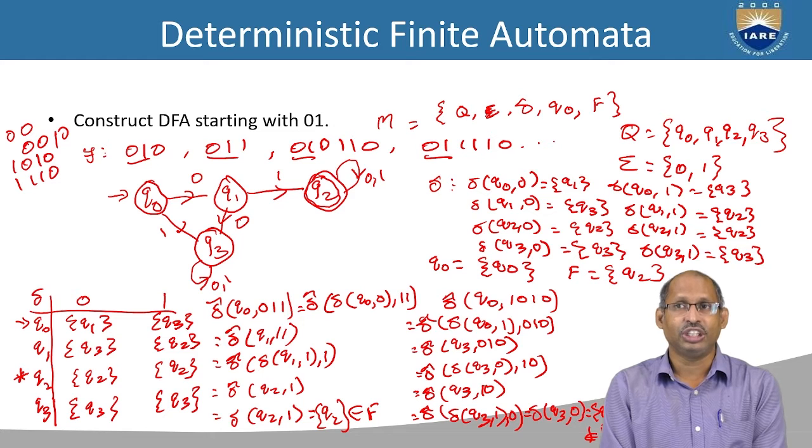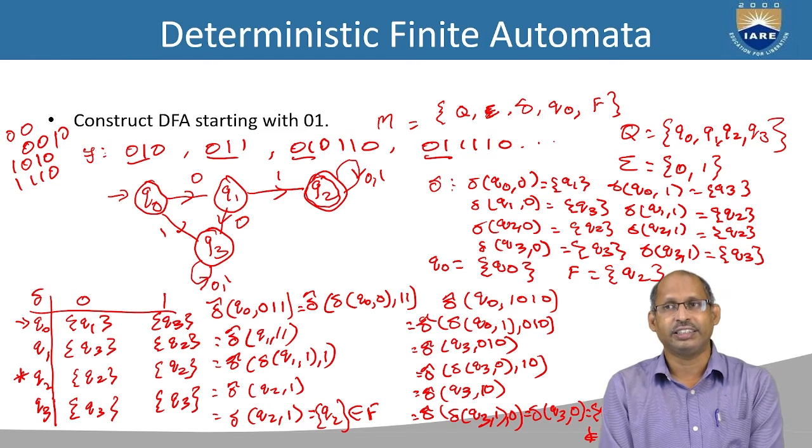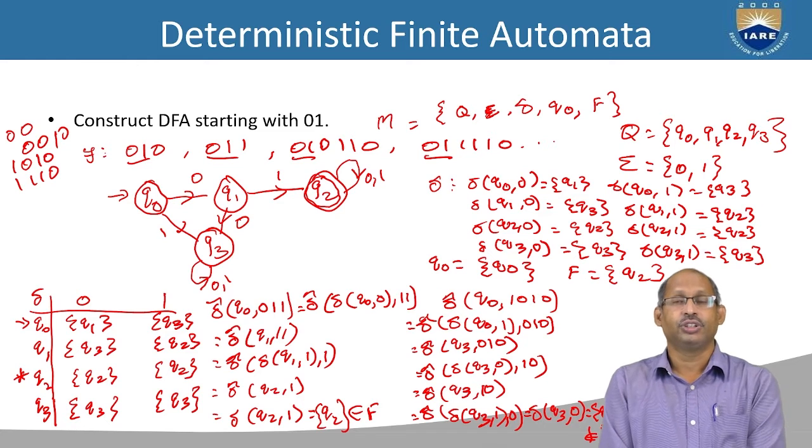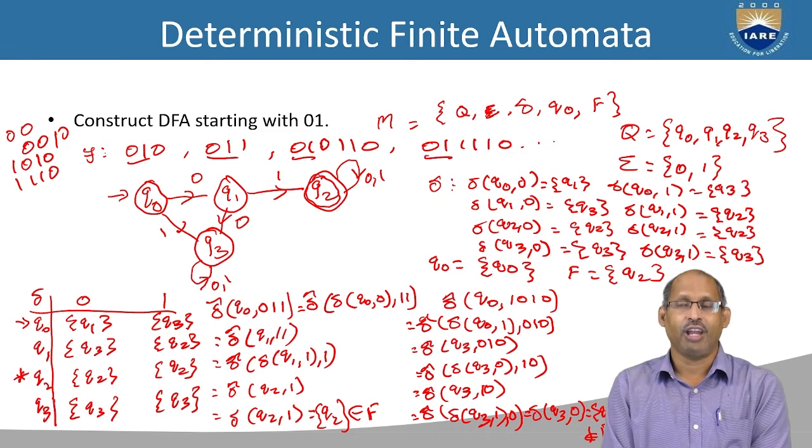Another string, 0, 1, 0, 1, 0, results in the Q3 state, which is a non-final state, so the string is not accepted. Whenever a problem is given to construct a DFA, we have to write the 5-tuple notation, transition diagram, transition table, one example for acceptance, and one example for non-acceptance.